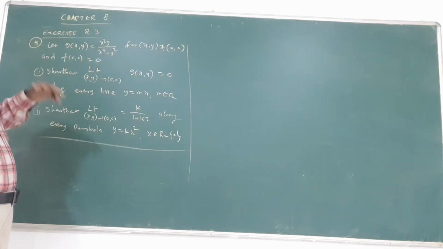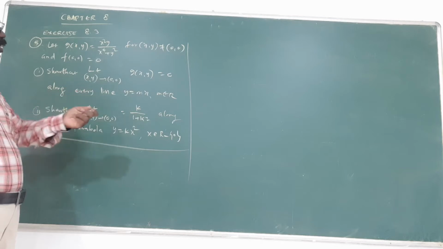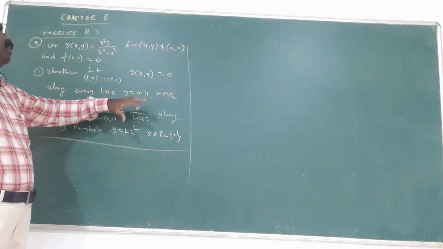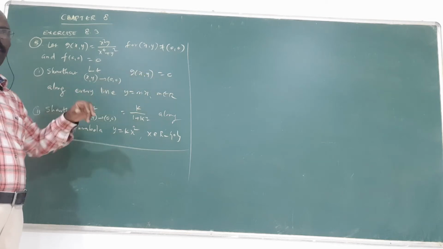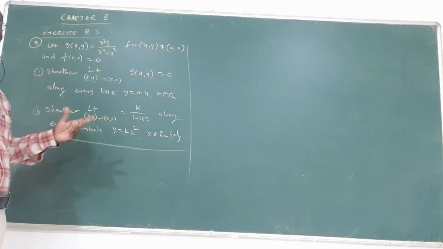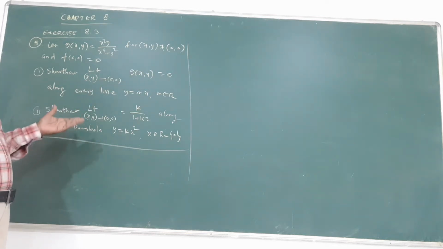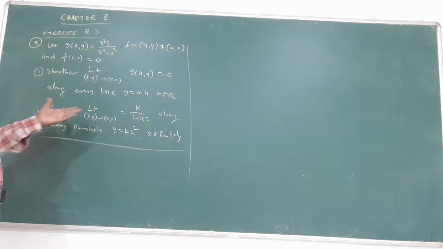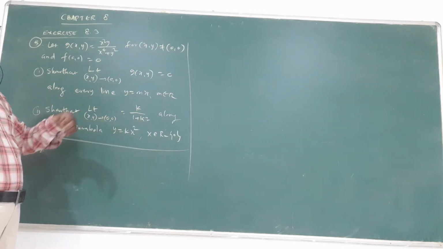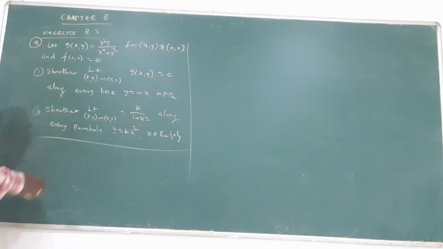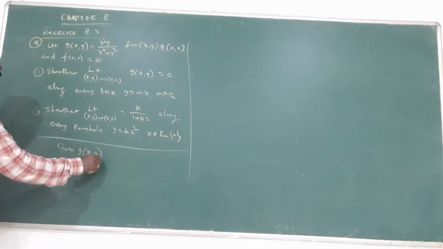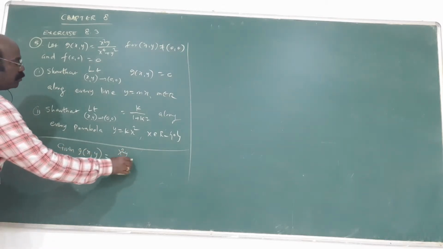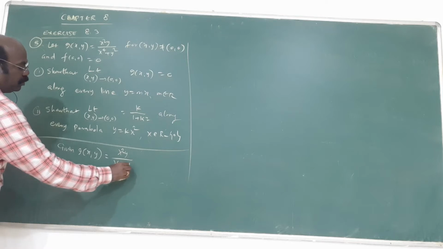That is wrong. But along every line, replace y by mx, then simply we get the answer 0. You want to show the answer equals 0. Here it is the same thing, but substitute y equal k x square. This is given, and this is common to both problems.